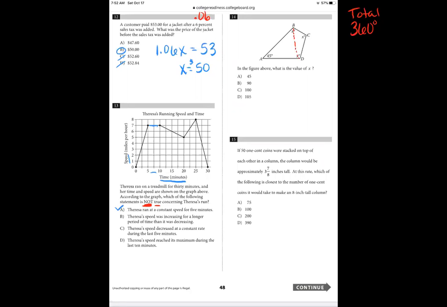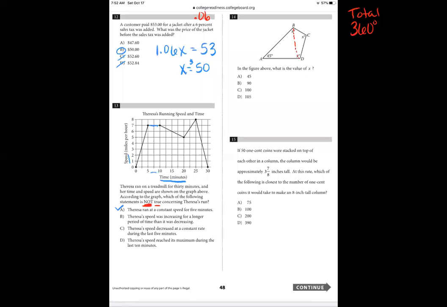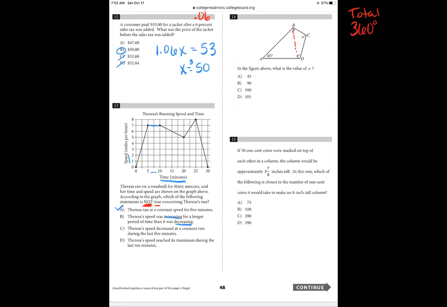For B, Teresa's speed was increasing for longer than it was decreasing. So how long was her speed increasing? A positive slope we would have here for about 5 minutes, here for 5 more minutes.